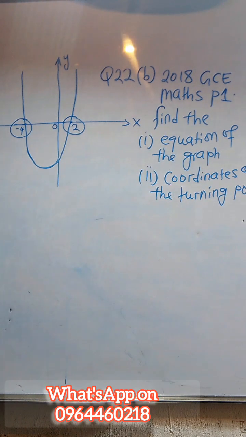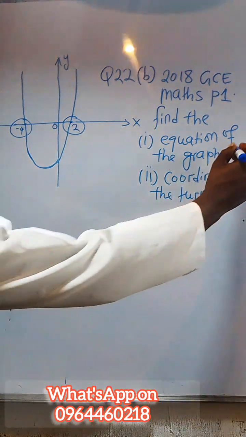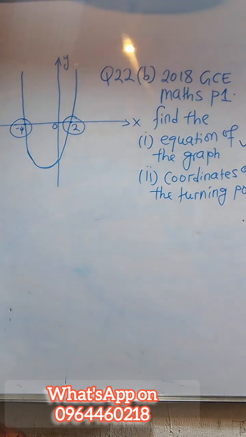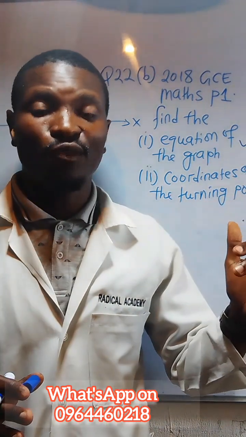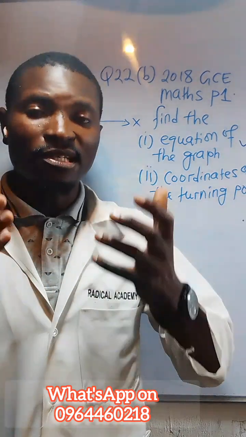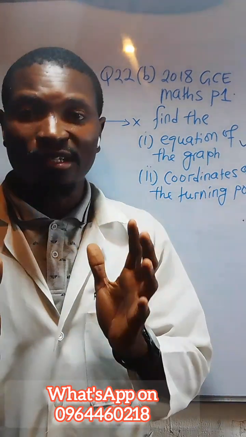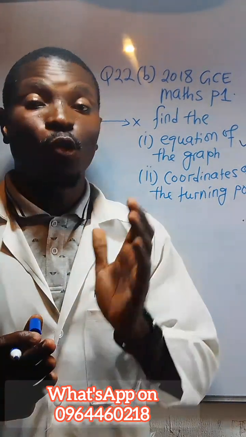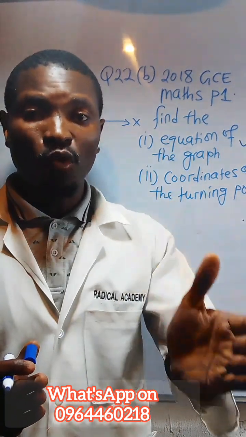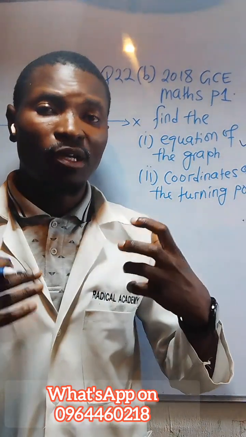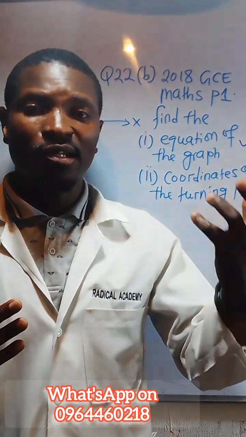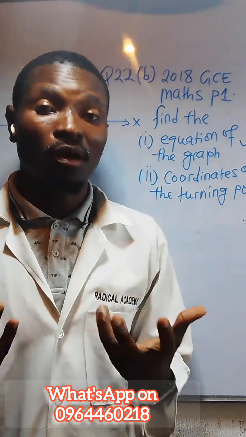We are going to begin by finding the equation of the graph. One of the key things about this question is to understand that this is a quadratic function. It's a quadratic graph, so the highest degree in terms of the power should be power 2.